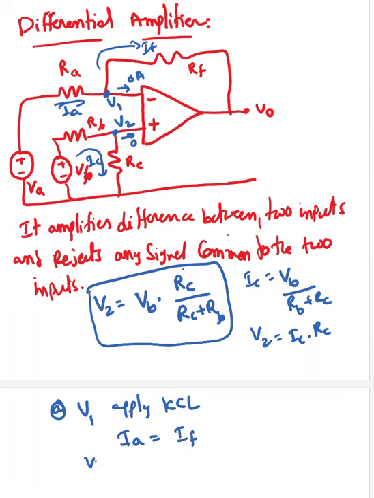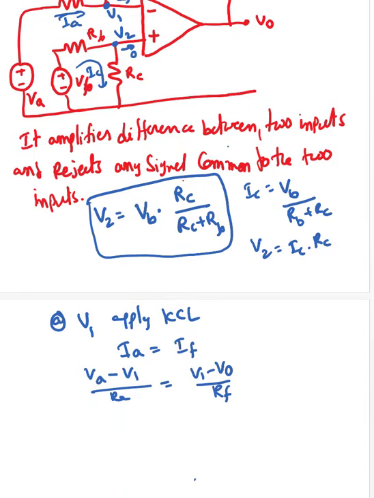IA is VA minus V1 over RA, equal to V1 minus V0 over RF. All I care for is V0, so I can write V0 over RF equals V1 over RF minus VA over RA plus V1 over RA.